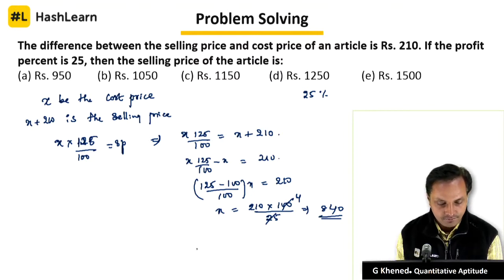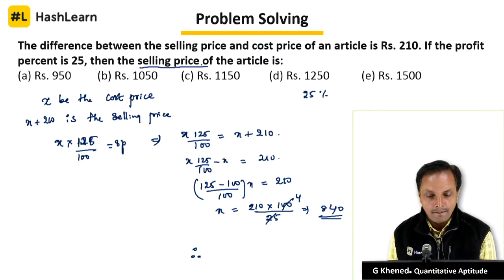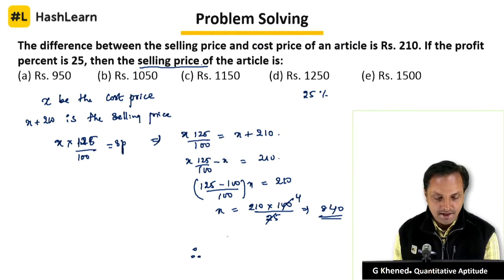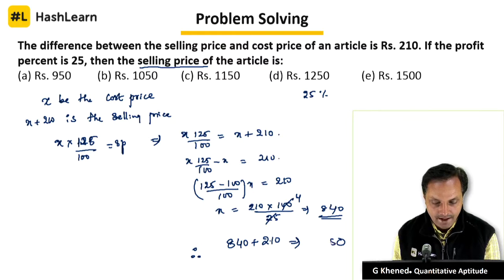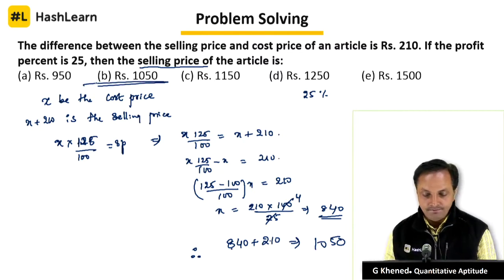Therefore, what is the selling price of the article? Selling price will be 840 plus 210, which is 1050, and that is there in option B.